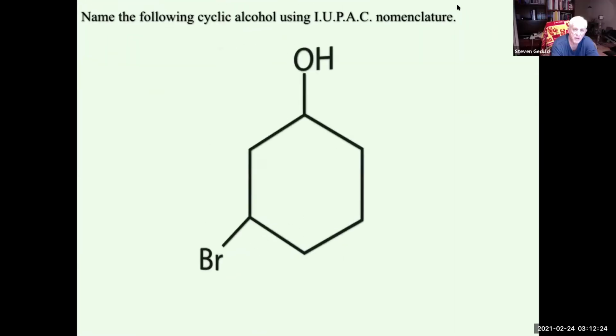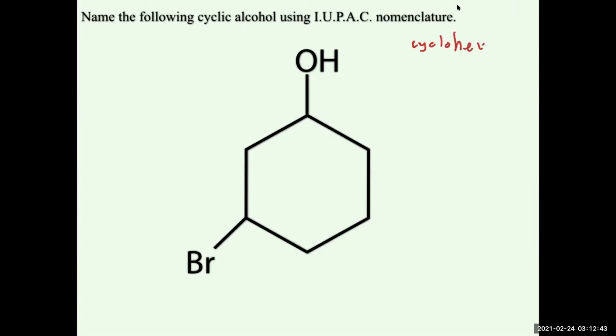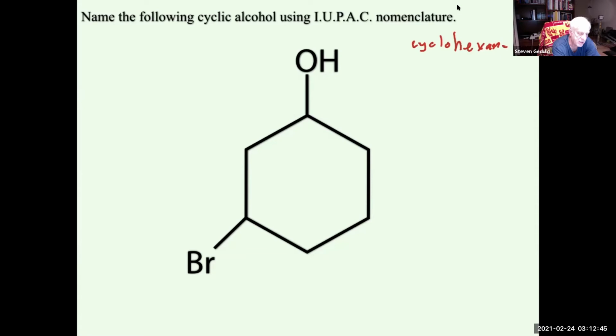Okay, name the following alcohols. Again, name the root. What's the ring? Cyclo what? Cyclohexane, hexane. Drop the E and add OL. You're right. Cyclohexanol.